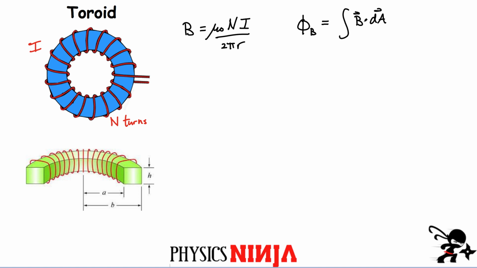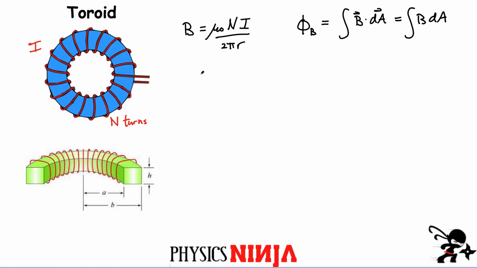We don't have to worry about any direction between the field and the area vector, because they're in the same direction. So at the end, this really boils down to B integrated over the area.